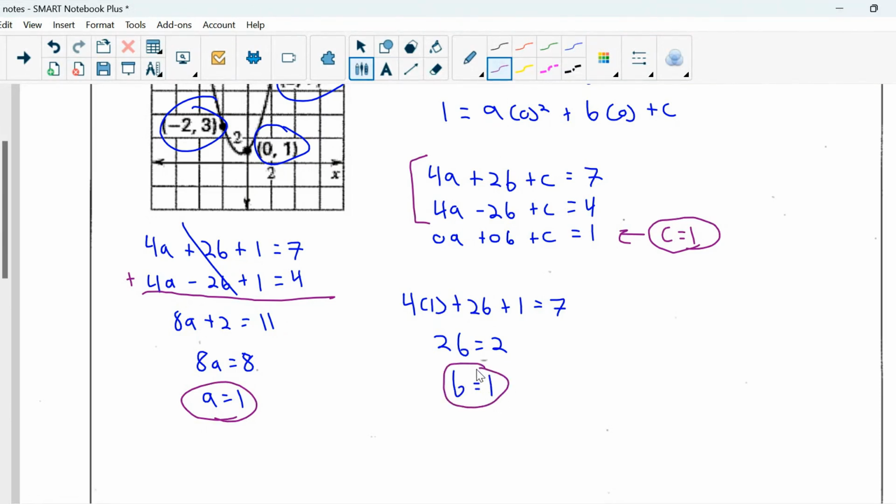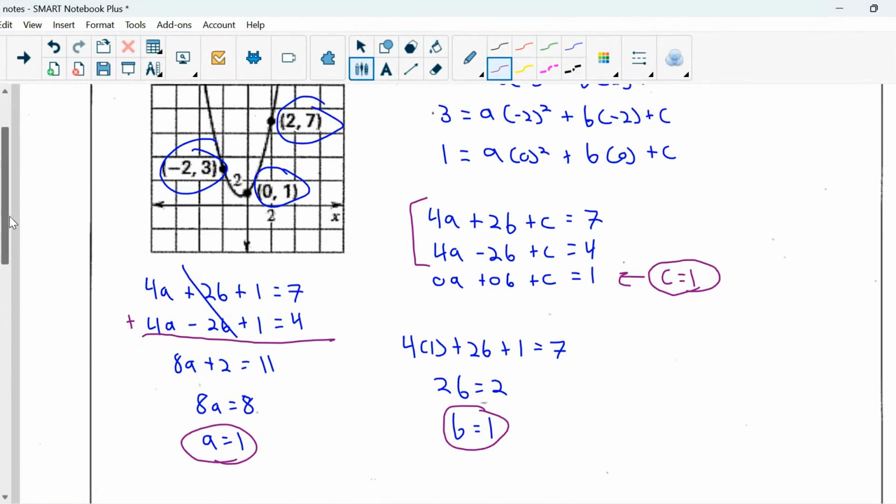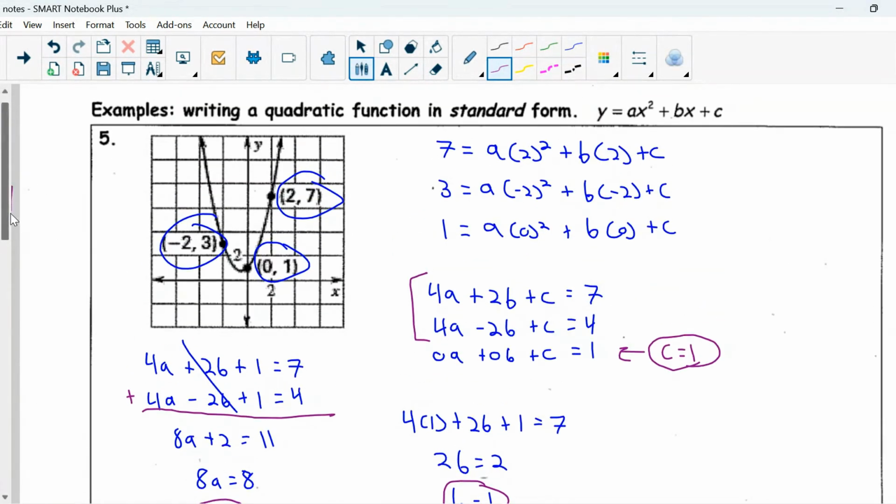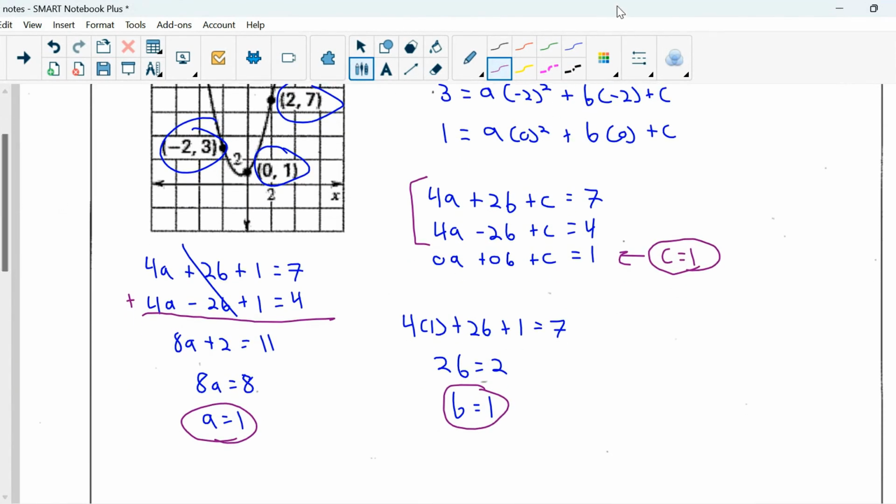So I have solved for a, b, and c using my systems of equations. So now let's take my standard form from all the way up here and substitute those values in. That gives me y equals 1x squared plus 1x plus 1, which obviously just simplifies to be y equals x squared plus x plus 1. That right there is my standard form for my quadratic above.